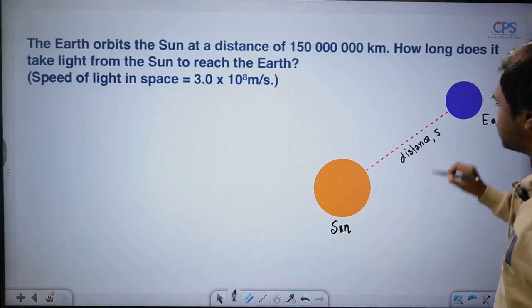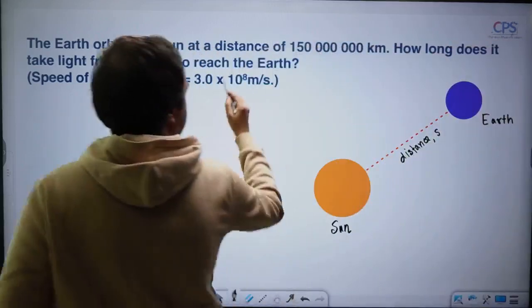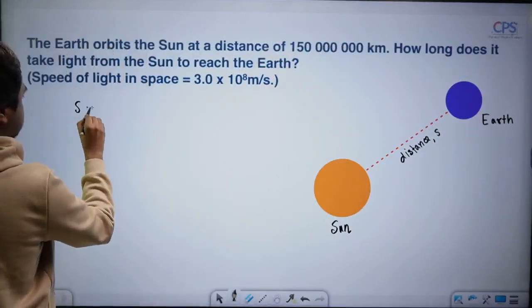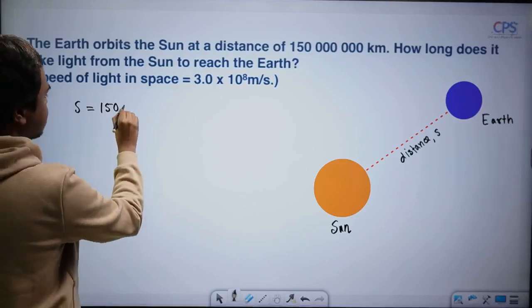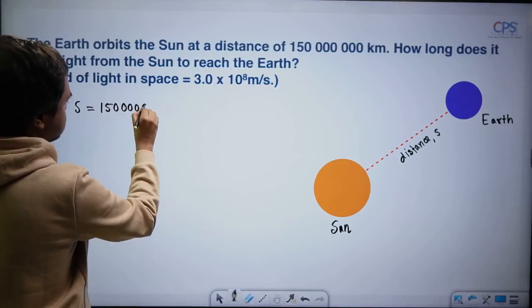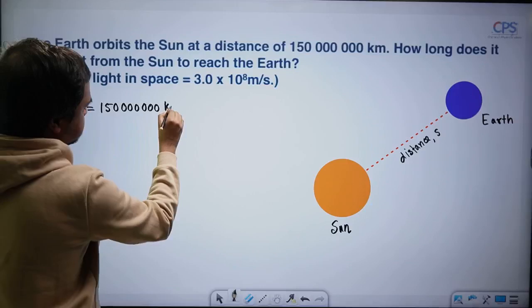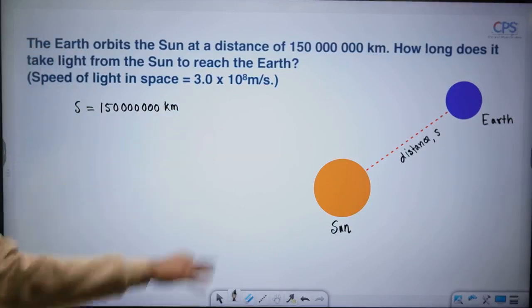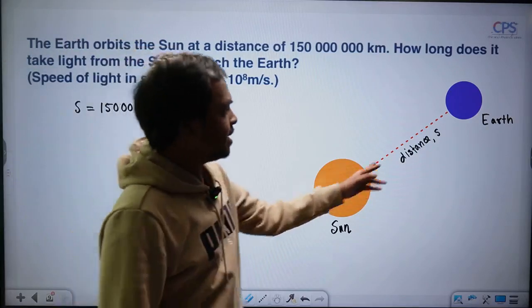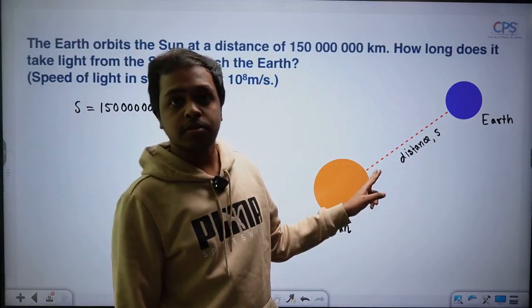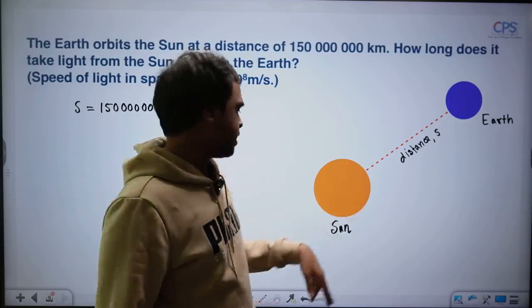This distance, or S, how much is it? This distance is 150,000,000 kilometers, whatever it is. Be careful about the zeros here, okay? And you have also got to know the speed of light, right?